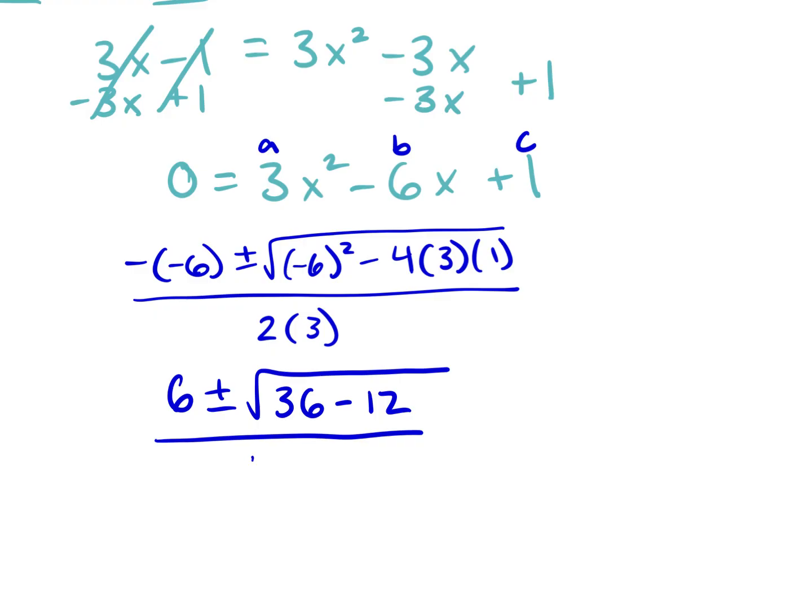Over 2 times 3 is 6. What's 36 minus 12? 24. Perfect. So this would be 24.